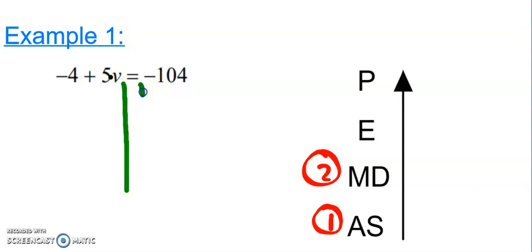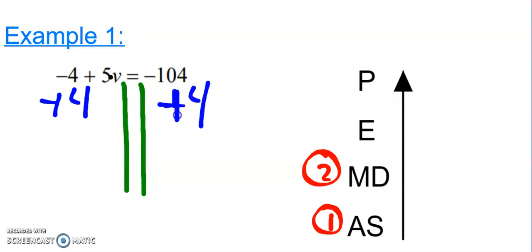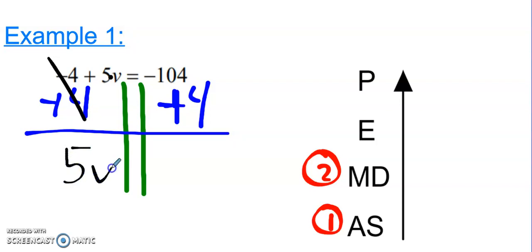So what is the opposite of a -4? The opposite of -4 is +4. So we're going to add 4 to both sides. So when we add 4 to both sides, our 4's cancel. Bring down 5 times v.